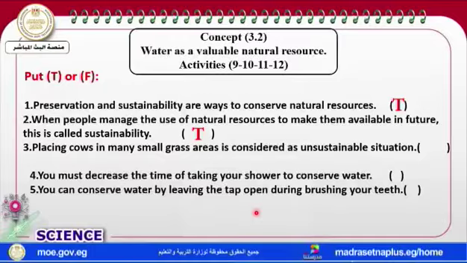But if the question tells me that placing cows in a small grass area, so there are many cows and a small grass area, that's considered unsustainable. That's true, my dear students. If there is a small grass area, it's unsustainable.